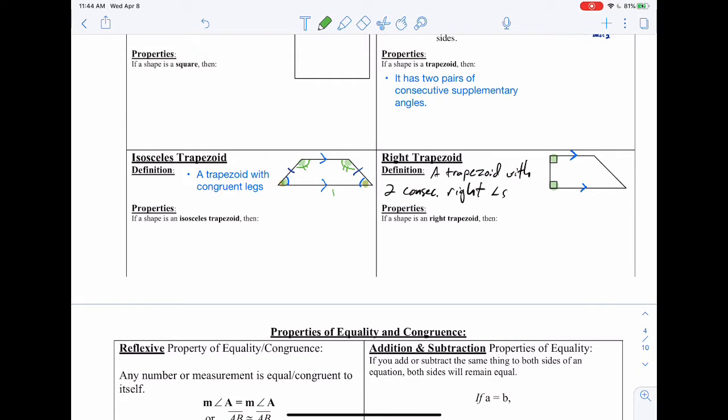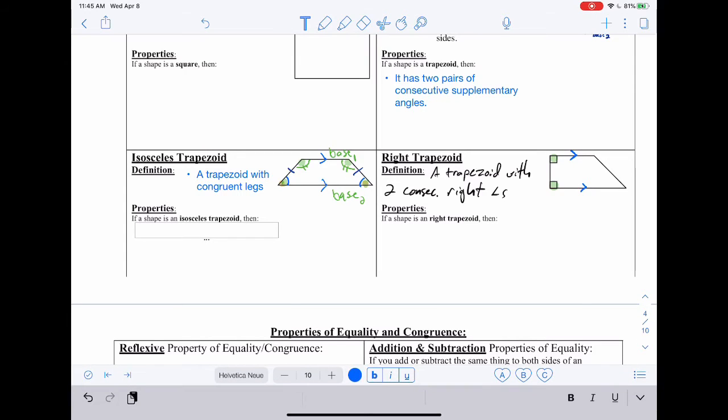And since a trapezoid doesn't only have one base, it has two, we're going to call both of those base angles. So if a shape is an isosceles trapezoid, it has two pairs of congruent base angles.